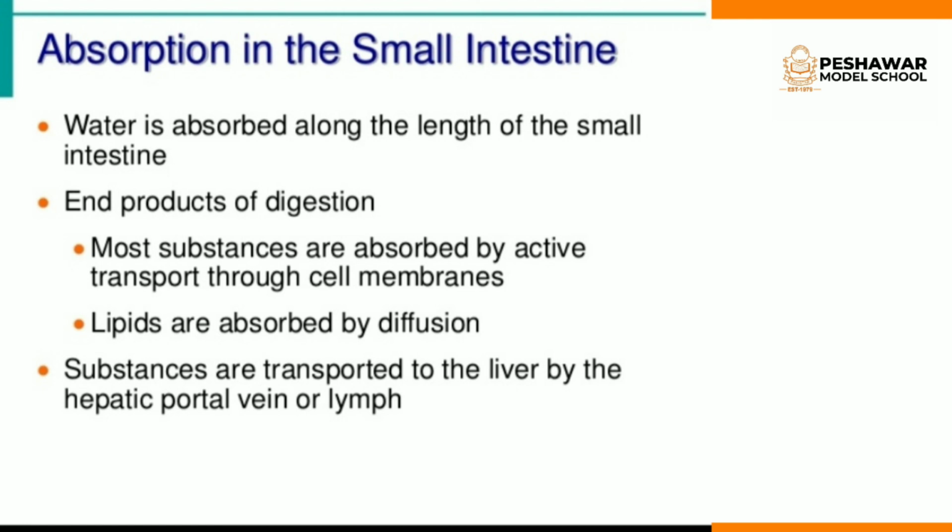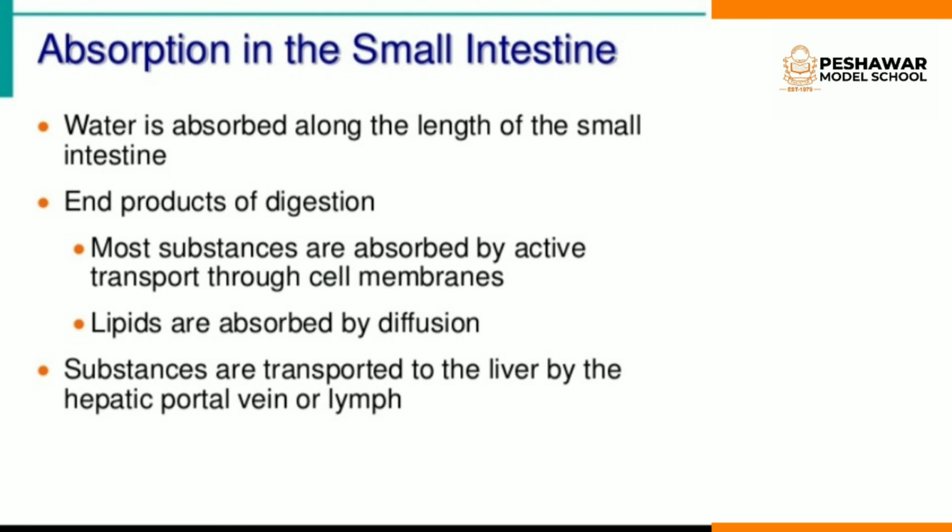Most substances are absorbed by active transport through the cell membrane. As you know, the first layer of the animal cell is the cell membrane, so these nutrients are absorbed through the cell membrane, and lipids are absorbed by diffusion.